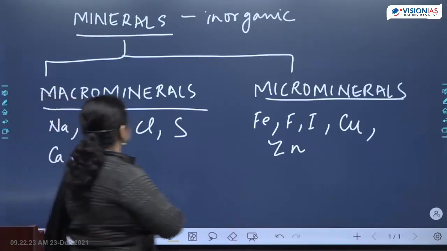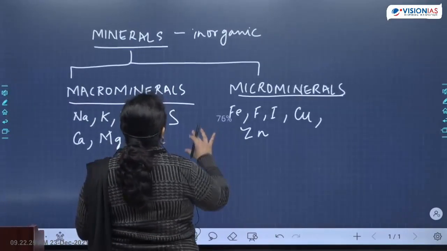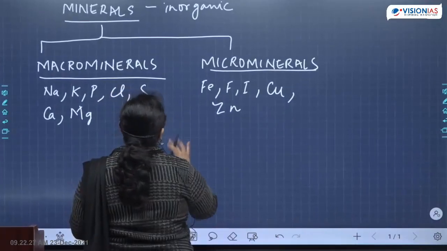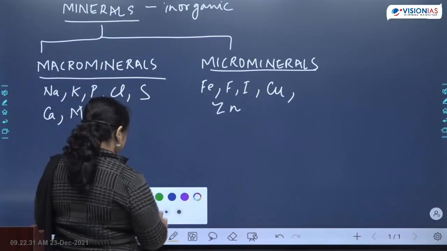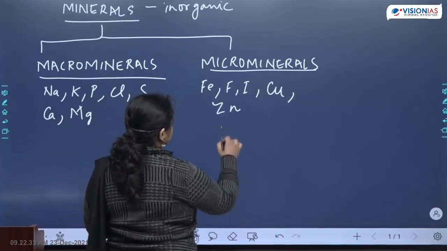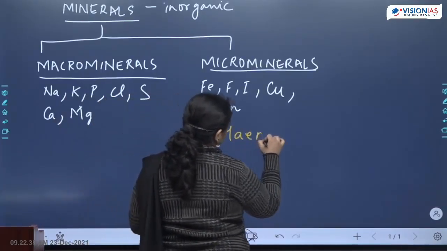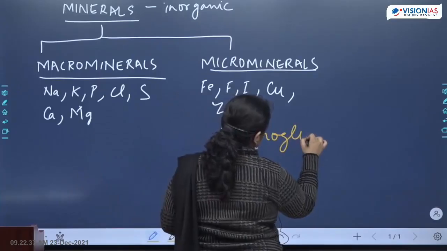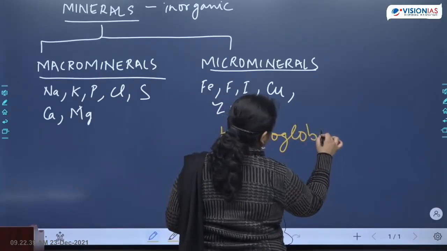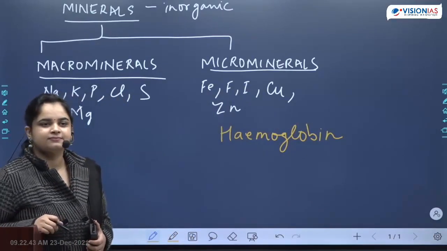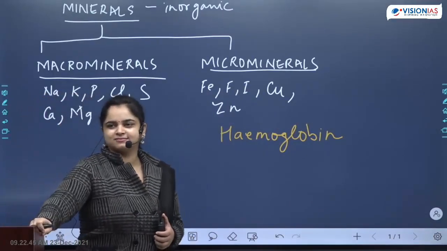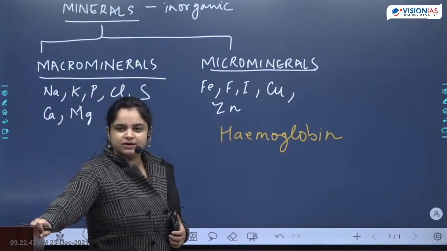First one is iron. Now we spoke about hemoglobin. Which vitamin did we associate with hemoglobin? B12.